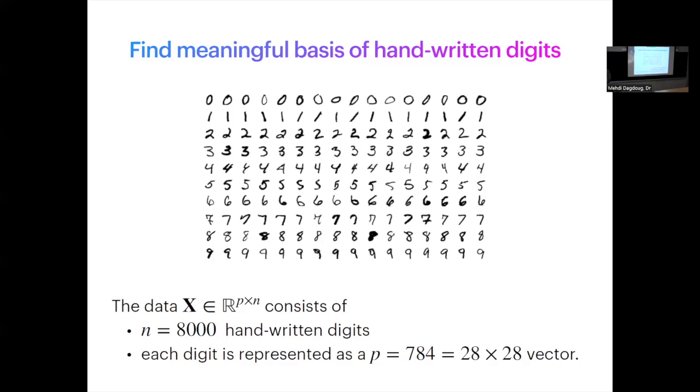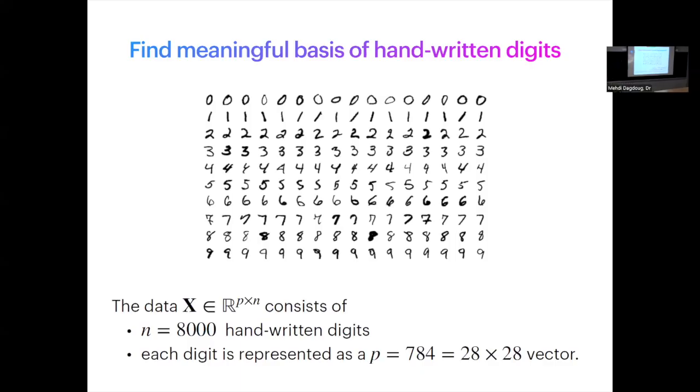In this case, we have 8,000 handwritten digits, and each digit is represented as a 784 vector containing their pixels. And we are trying to understand from this data set what the low dimensional representation for each digit is, and how these digits are related to those low dimensional components.